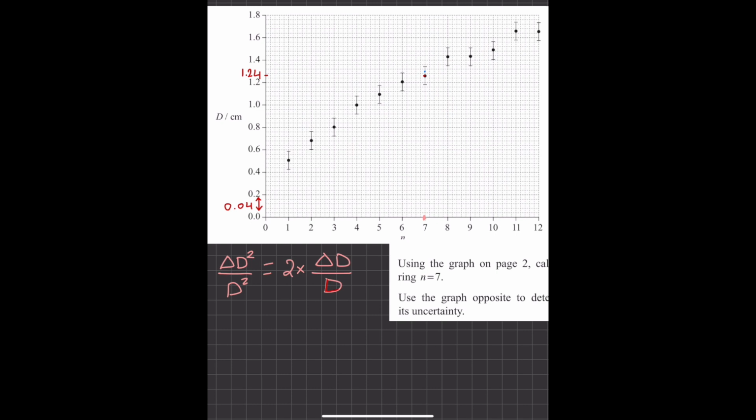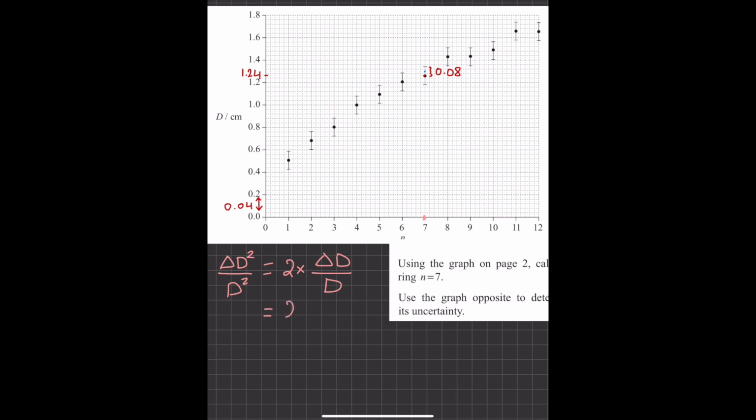So we just found D. Now for the uncertainty of D, we need to count how many boxes we have and multiply this by one single box, which is 0.04. I can tell that over here we have approximately 2 boxes. So the uncertainty is going to be equal to 0.08.